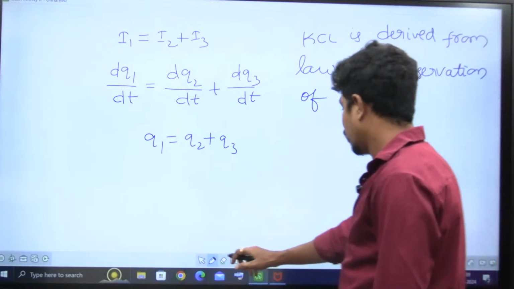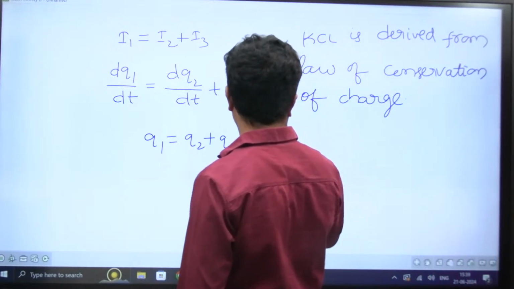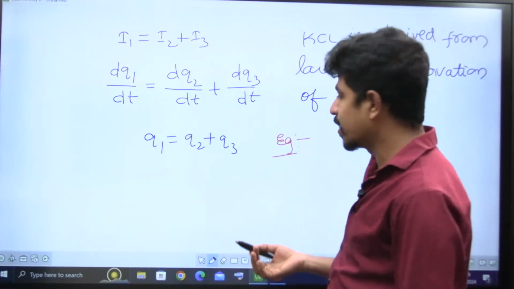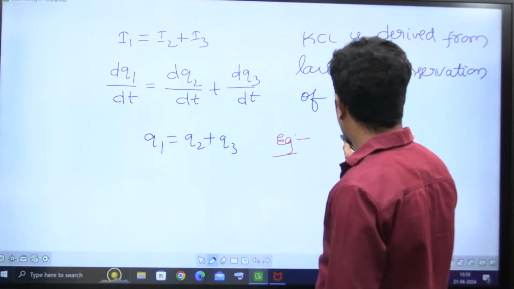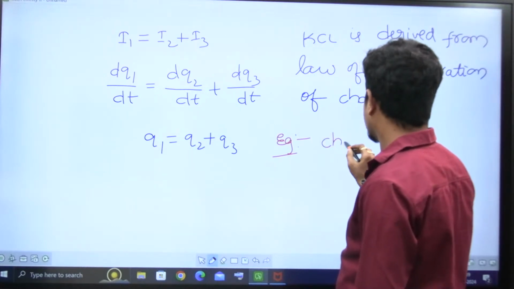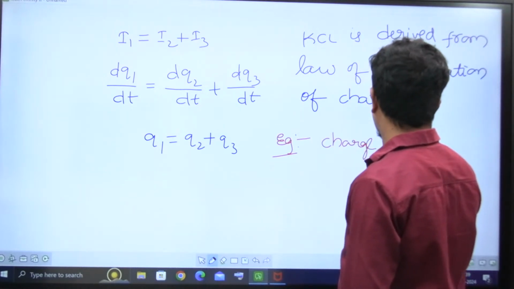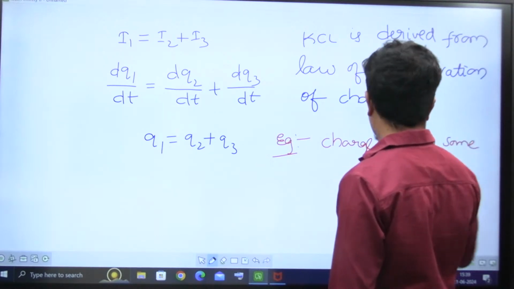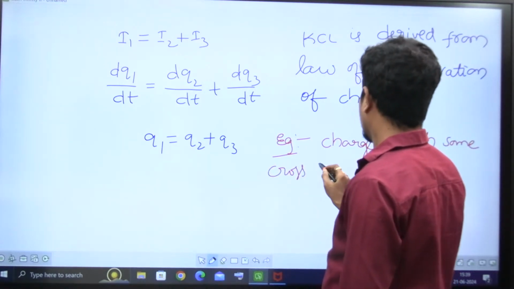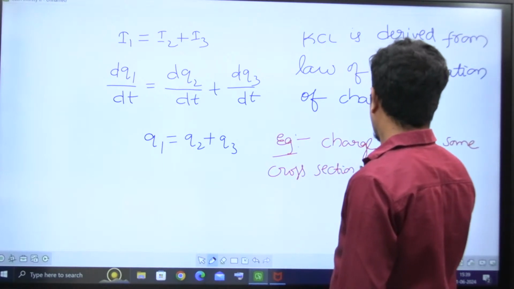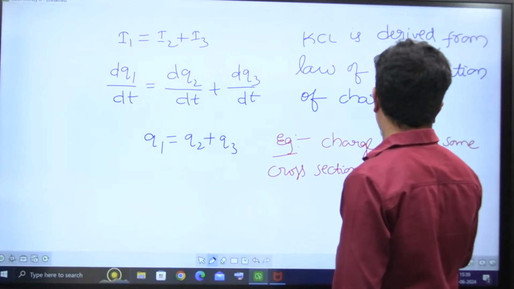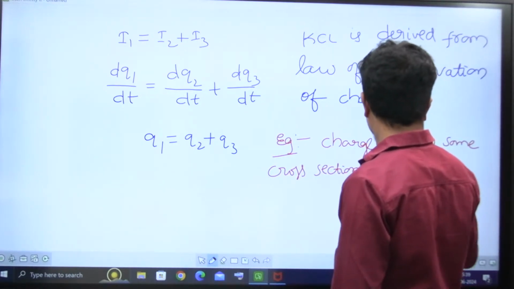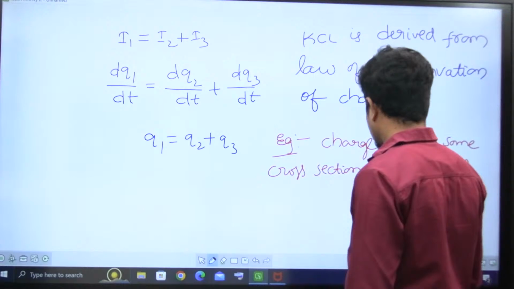Now come here. I'm giving one example. Find the current. This kind of question has a probability of being asked in your HPCL examination. The charge through some cross section is 2 into 10 to the power of minus 3 into t coulombs.